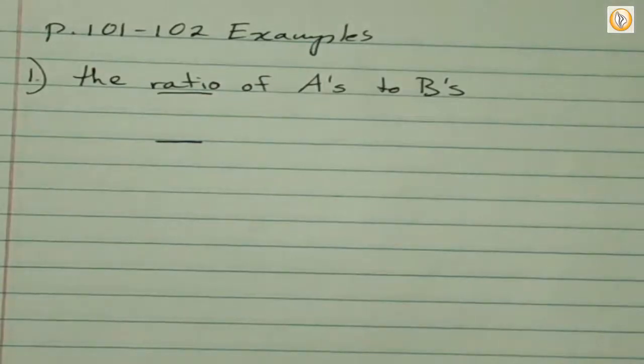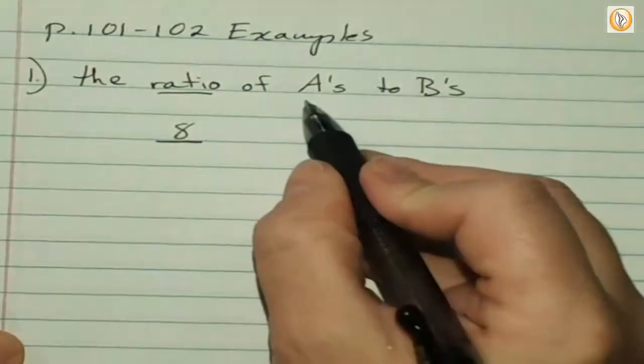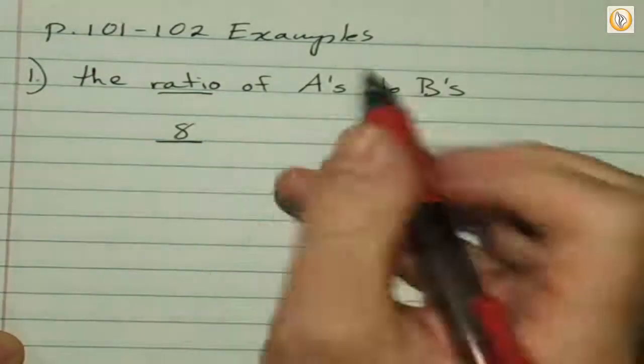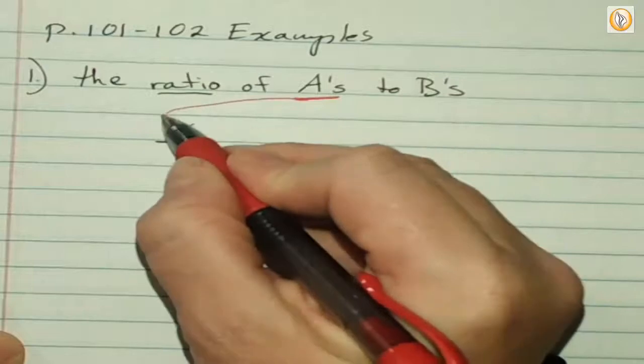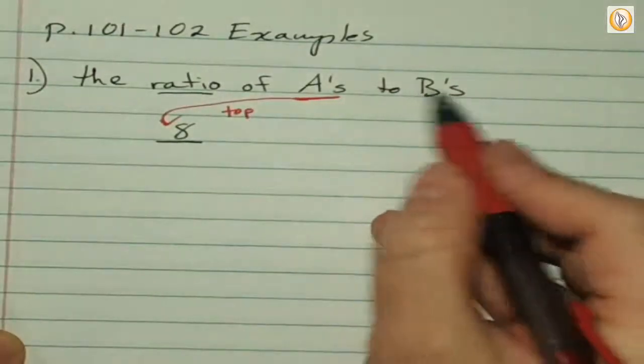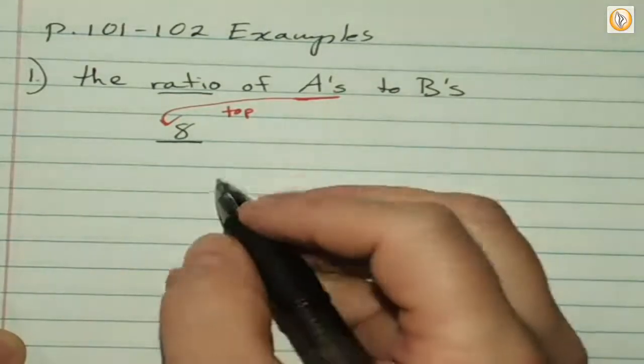So Aiden, how many A's did it say? 8. It's going to go on top. A's to B's. That's how you know what goes on top. The first thing listed goes on top. The last thing listed goes on the bottom. So how many B's, Aiden? 10.